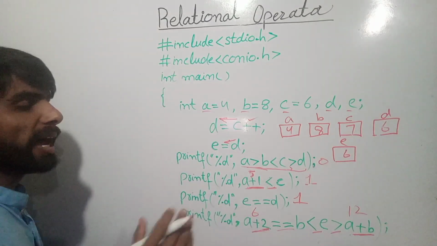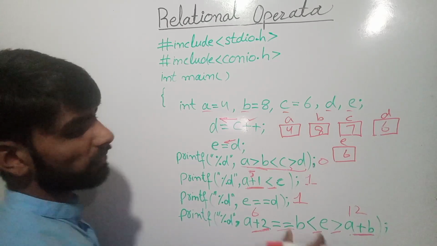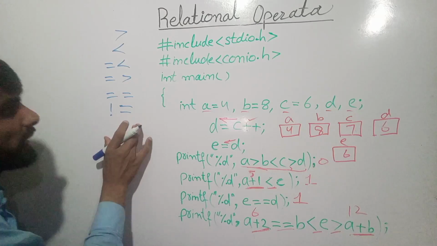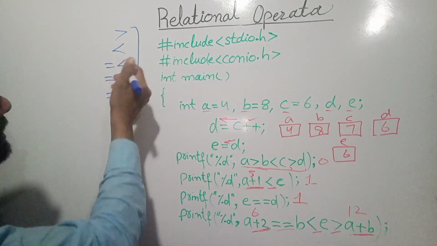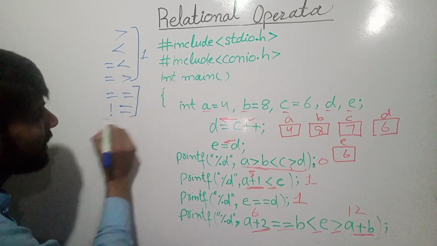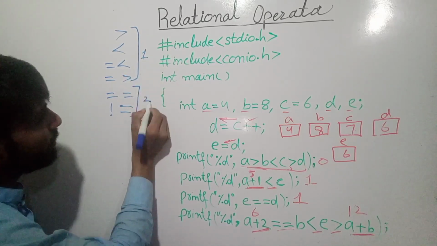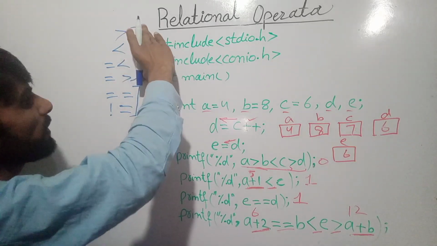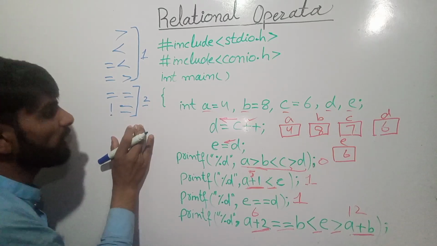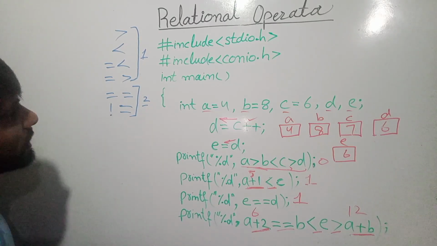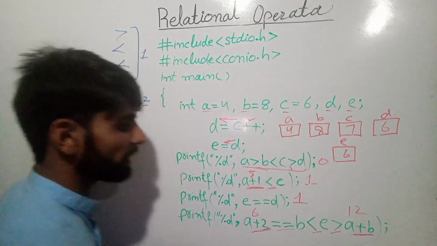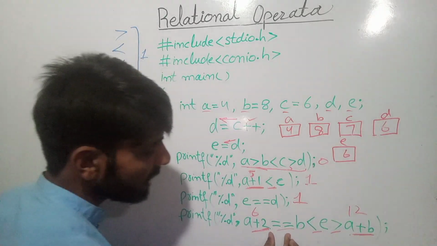Now we have to decide which operator will be performed first. These are all relational operators. In the relational operators, the less than and greater than operators have higher priority, and after that the equality operator. So we will perform the less than or greater than operator first, and after that the equal operator.